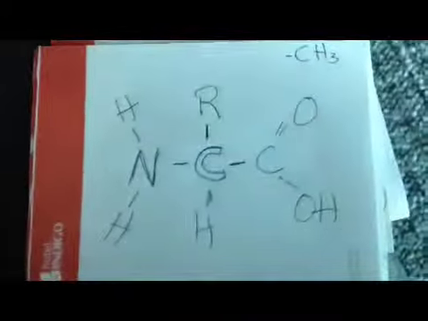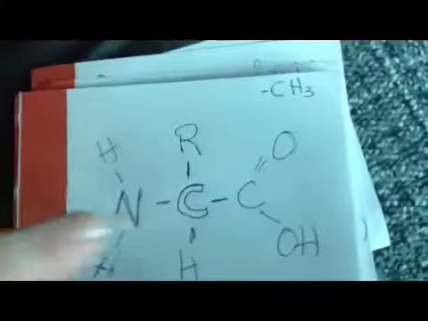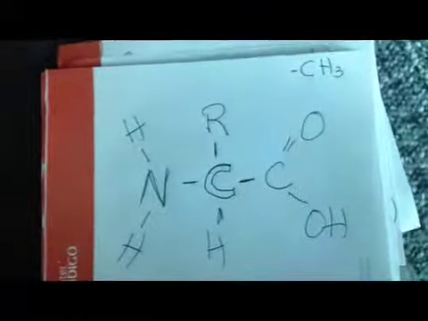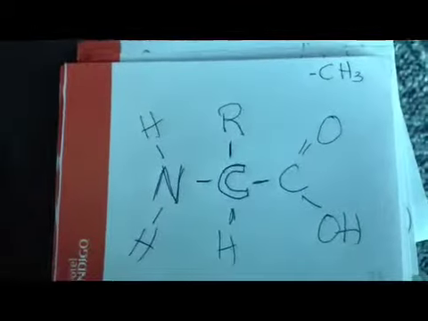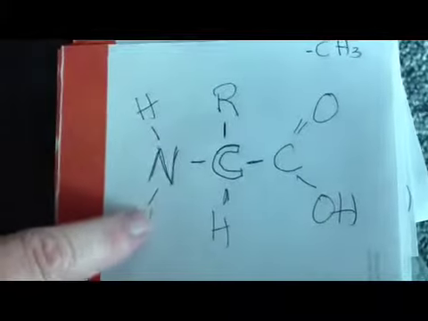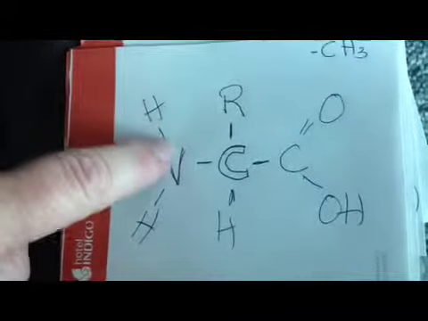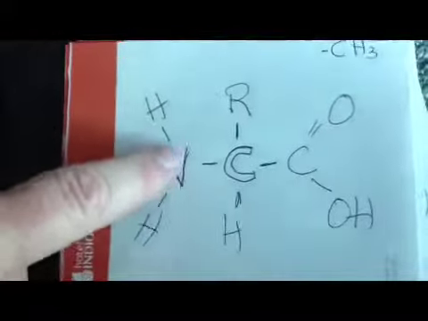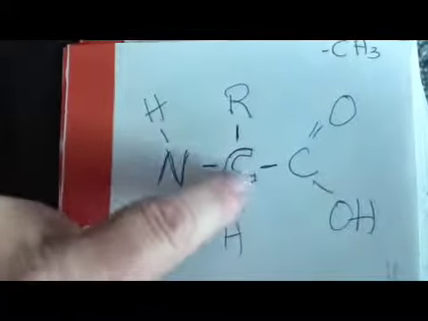This is an amino acid. Notice that there's a carbon here in the center that has 4 bonds. And an amino acid has 4 things that bond to it uniquely. First of all, it has an amine group, if you'll remember this, from the different types of chemical compounds that we have. So it's a nitrogen and 2 hydrogens. It has a hydrogen bonded to the bottom of it.